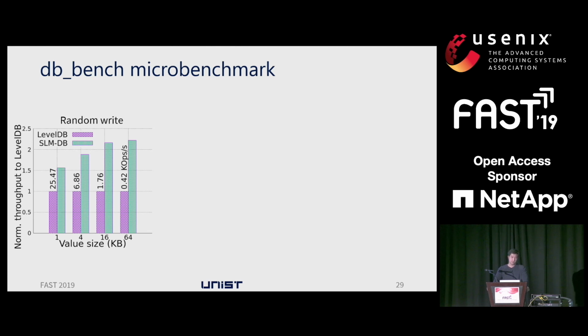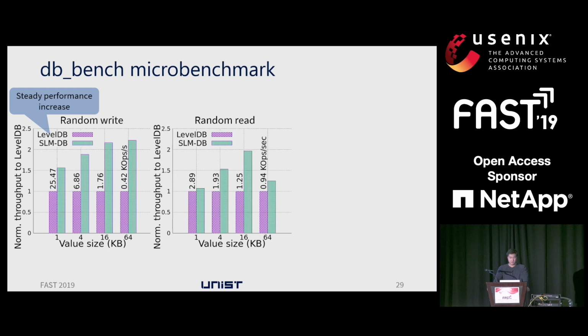Throughput unit is kilo operations per second. And we evaluated our work for value sizes of 1 kilobyte, 4, 16, and 64 kilobytes. We can see that it has a pattern of increasing performance with increasing value sizes.